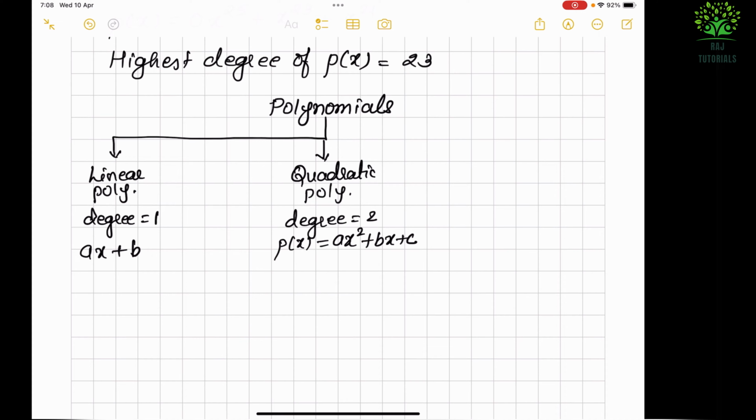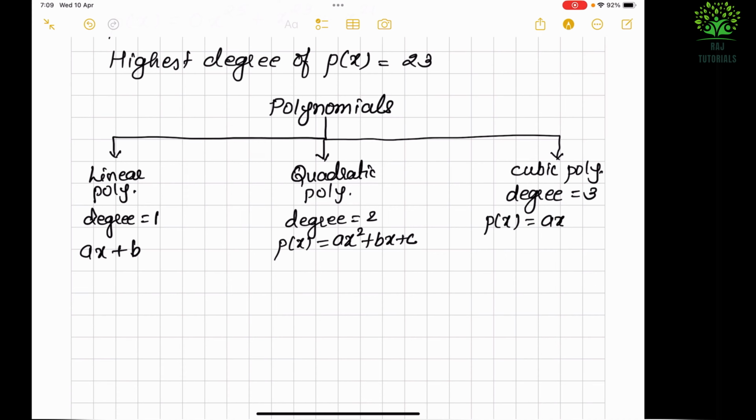Then comes the quadratic polynomial, where the highest degree will be 2 and the general form of p of x is ax square plus bx plus c. First let us see the third type. It is the cubic polynomial, which means the degree will be 3 and the general form is p of x equal to ax cube plus bx square plus cx plus d. Now let us see one example of each.